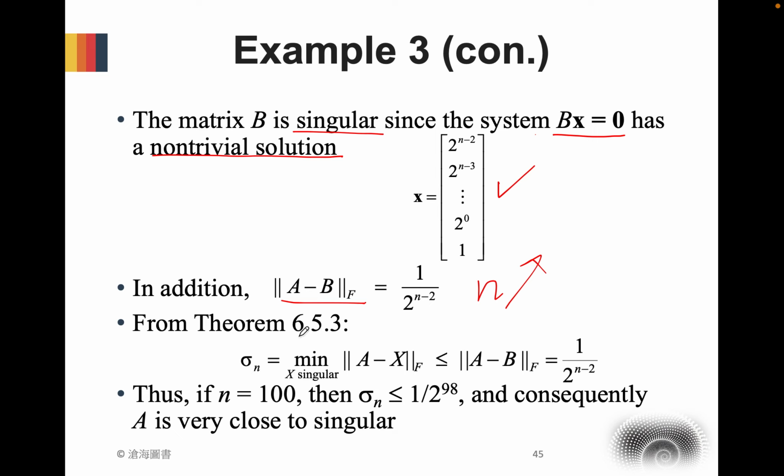So from theorem 6.5.3, the nth singular value is the minimum of the Frobenius norm, which is smaller or equal to this value. So if n is 100, then sigma n is smaller than this value. So actually, the matrix A is very close to singular.